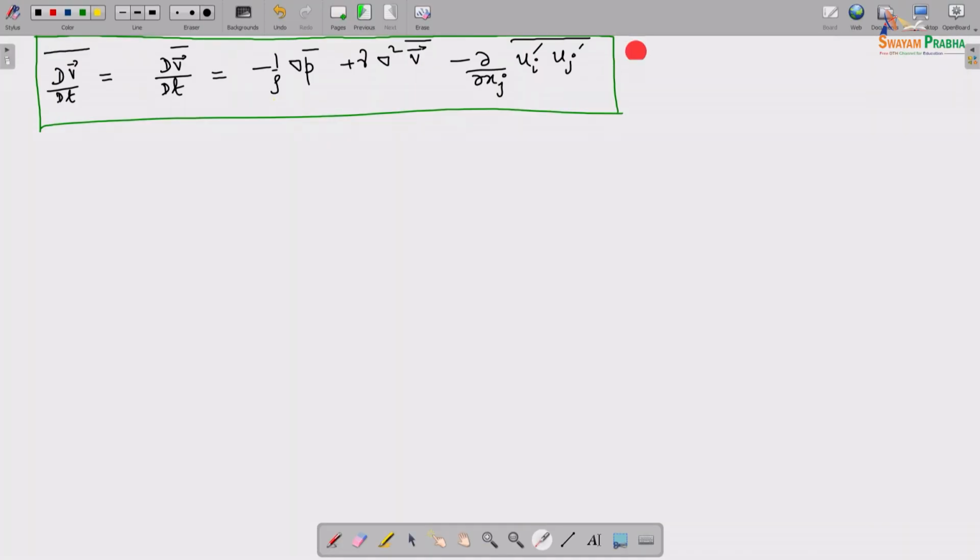Nothing, really. So this term, the inertia tensor actually, physically means nothing, really.